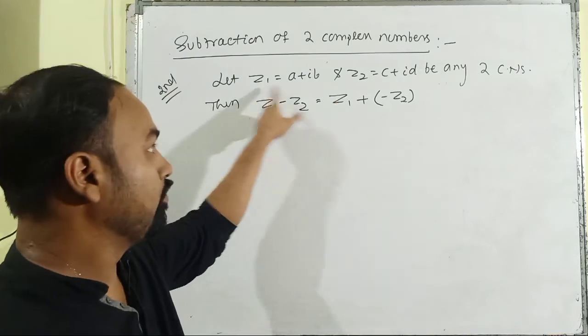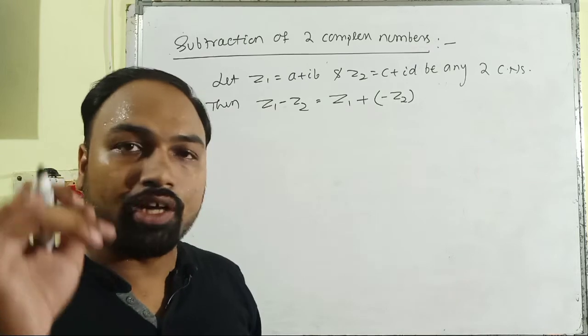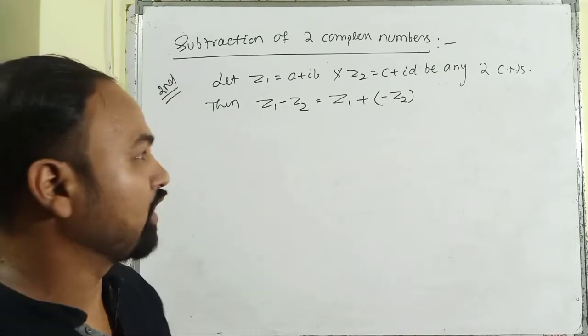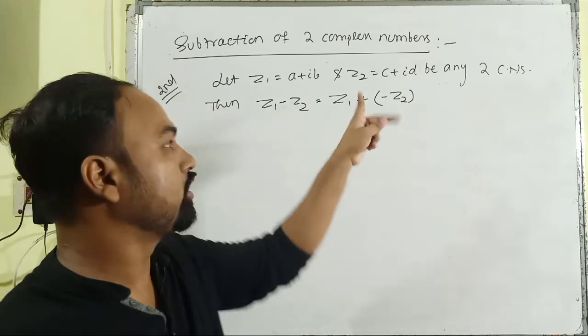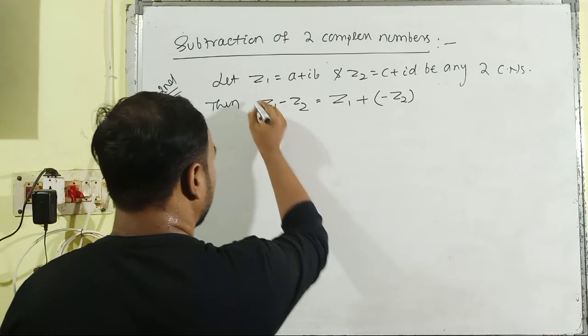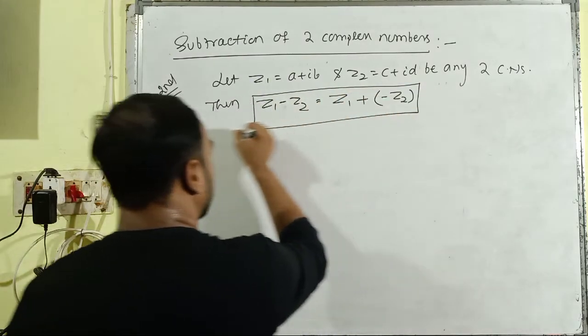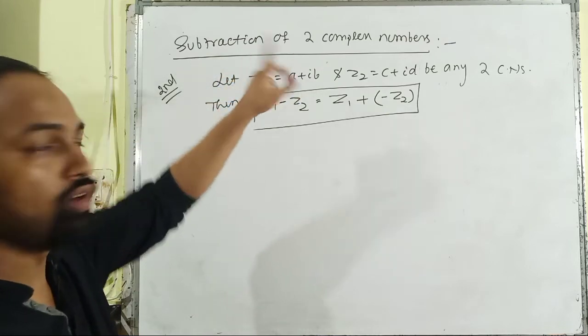Z1 is given, but here it is minus Z2, and minus Z2 is none other than the additive inverse of Z2. That means first of all we have to find out the additive inverse of Z2, and then we can add with the Z1. And here it is the second method that can be applied for finding the subtraction of two complex numbers.